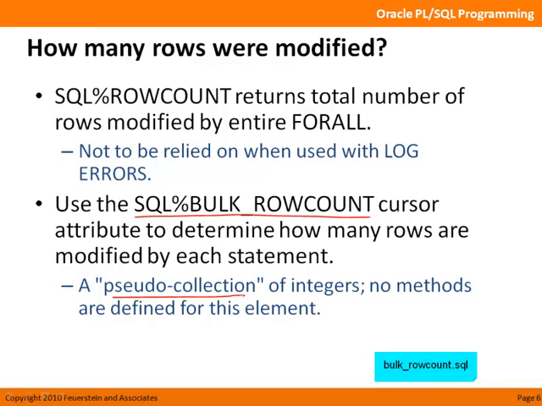We don't declare it. And it has a partial implementation. There are no methods declared on this element. You can't do count and first and last and so on. You'll see that and understand that when we take a look at the example. But again, use it to figure out how many rows were modified by each individual statement executed by the FORALL statement. Let's take a look.